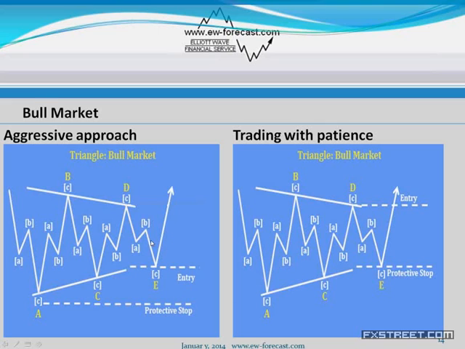So here on the aggressive approach, you would look for an entry at the lower side of the range with protective stops, not below wave C, but I recommend below wave A, because if you want to jump in on the other side of a range, then obviously you will have to have stops beyond the range levels, okay, which in our case suggests to be below wave A on a triangle.